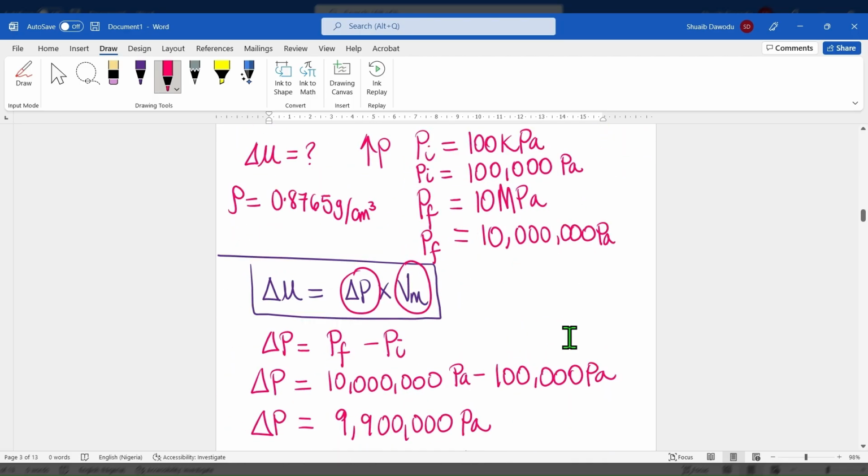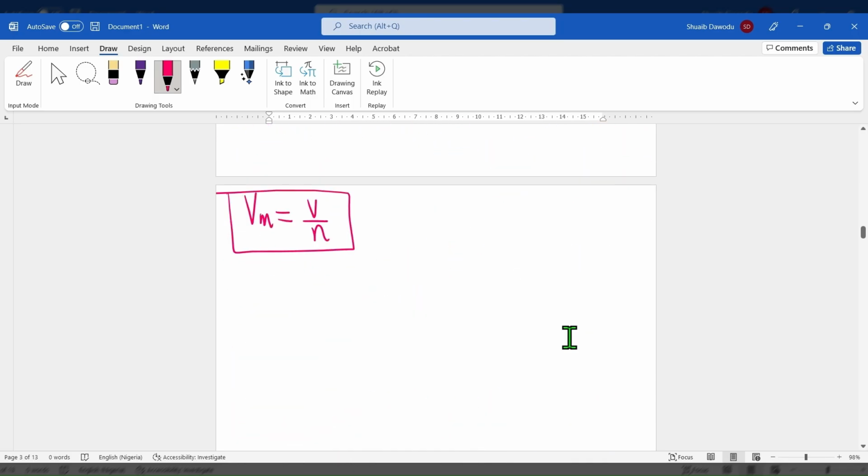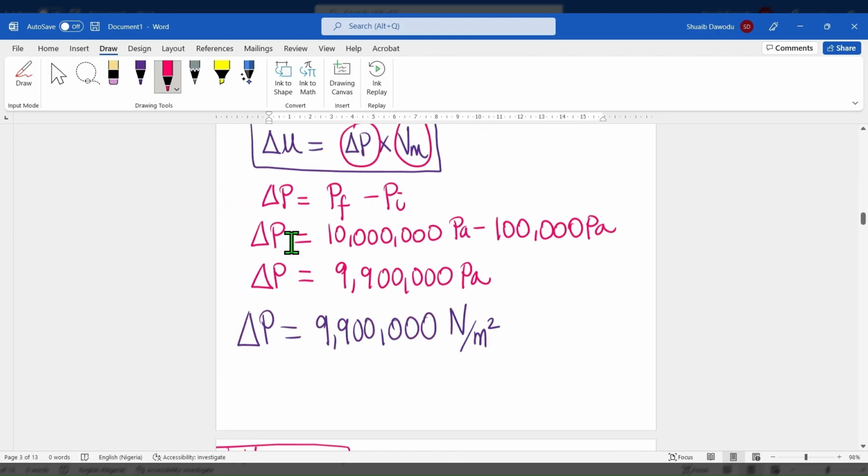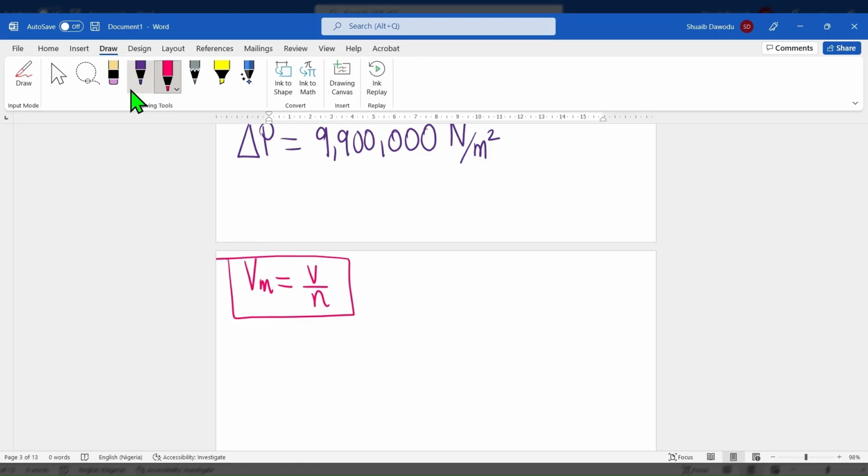So how am I going to solve this question? Well, it's not going to be hard, because we have to remember the other information we're given in the question. We were given the value of mass density, which is 0.8765 gram per centimeter cube.